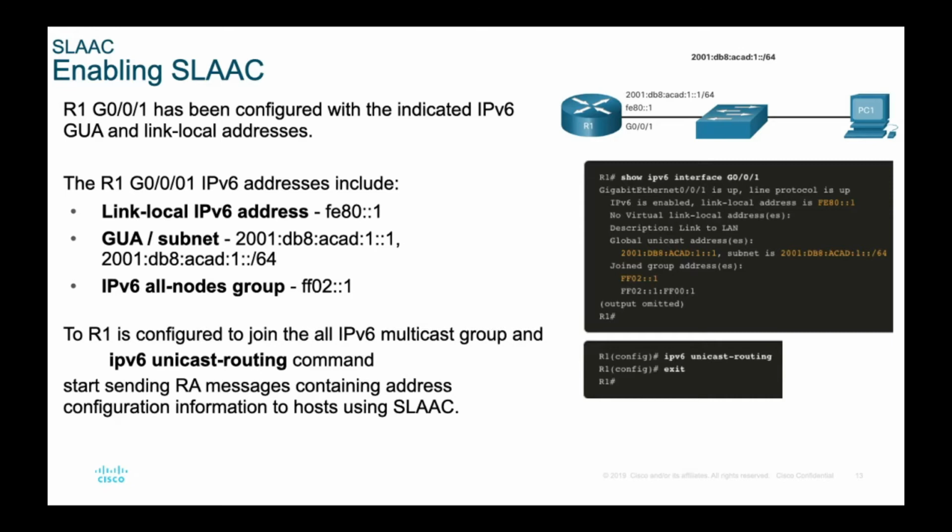I mean, in global configuration, you must use the command ipv6 unicast-routing, and then SLAAC is enabled. So if you do show ipv6 interface brief, or show ipv6 interface for a specific interface, you should see the IP address has been configured.